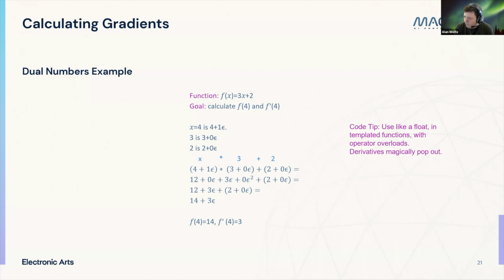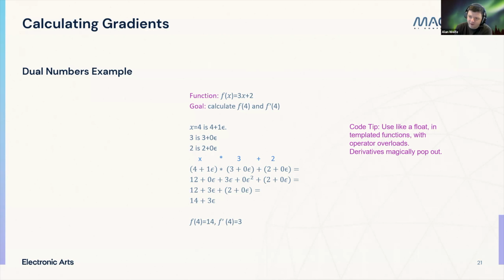A cool thing about dual numbers just working like regular numbers is that you can make a class, kind of like how complex numbers have a class or a struct, and just do operator overloading for all the math operations. What that allows you to do is, if you have a function that you've written to take in some parameters and return a floating point value, you can change that function from using floats to using a templated type.